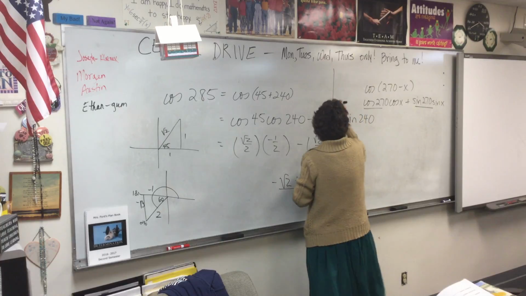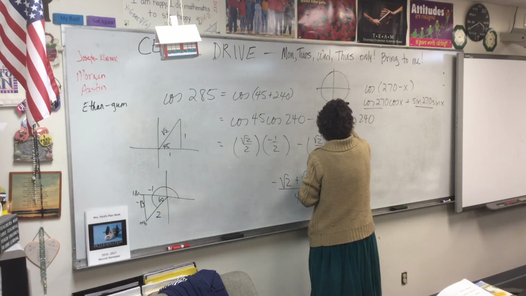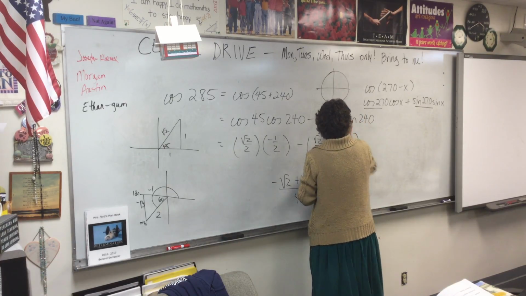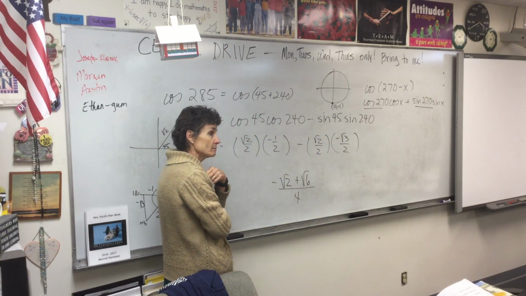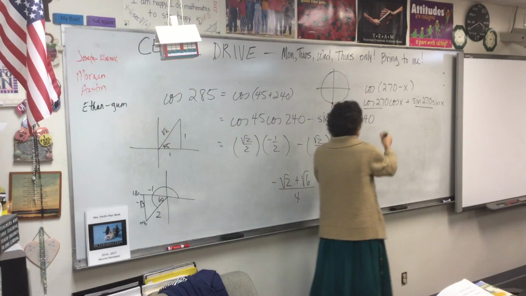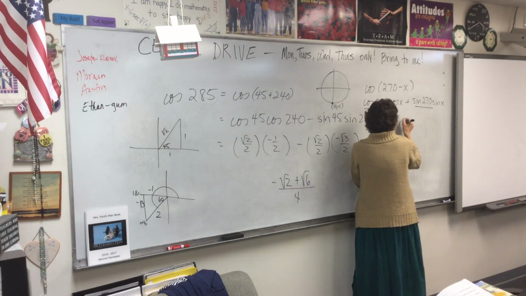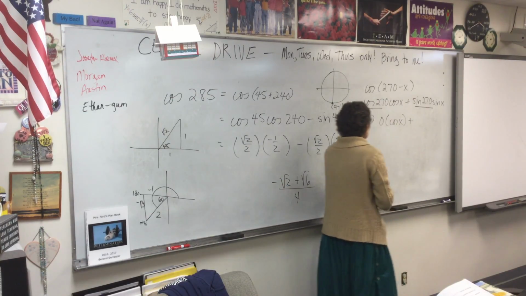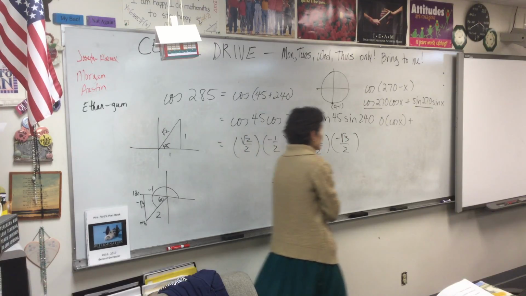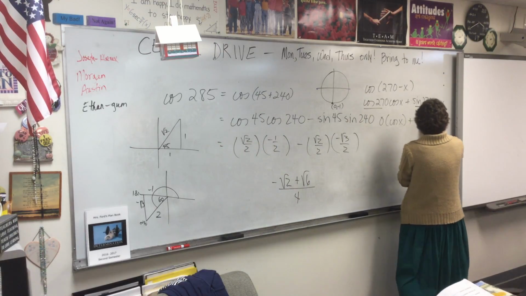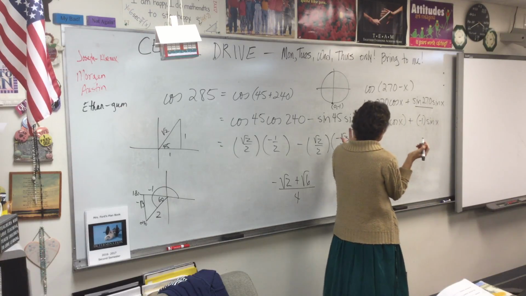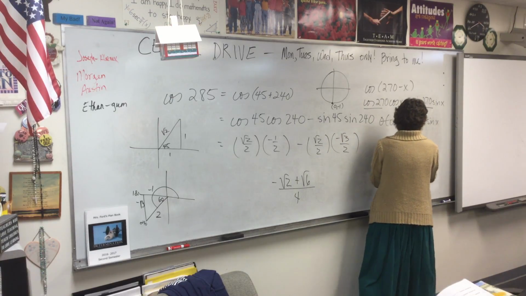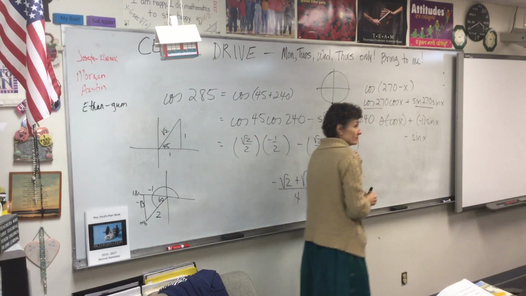So 270 is special, it's down here. What's the cosine of 270? 0. And what's the sine of 270? Negative 1. So it looks like that just works out to be negative sine.